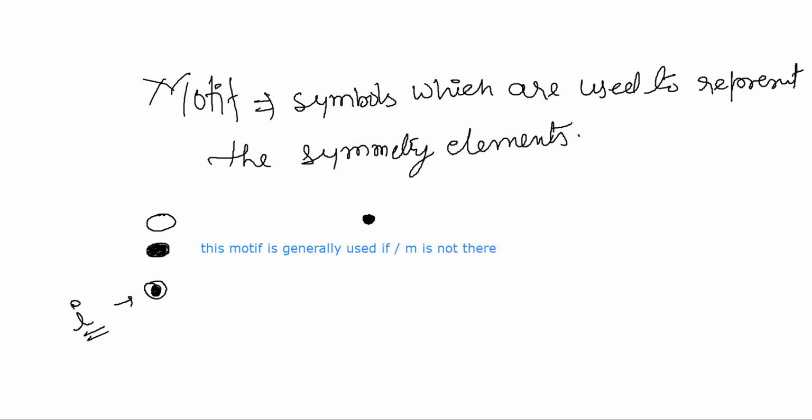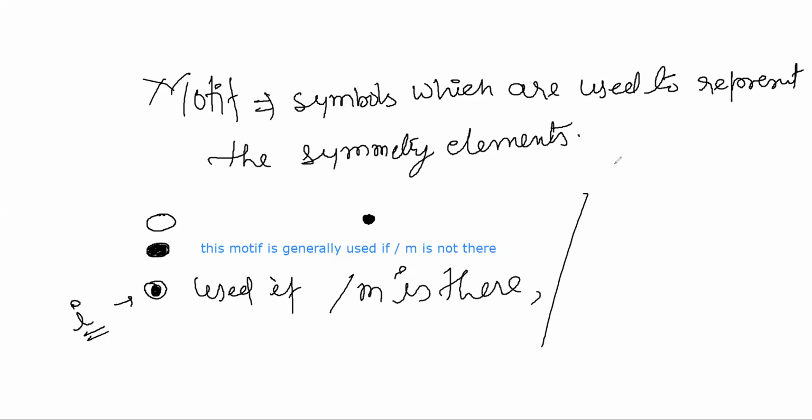Now if you see this one, it is used if by m is there. For example, you might be confused what these by m are. Like we have HM symbol 2 by m, 2 by m, 2 by m. So of course we have to use this motif.